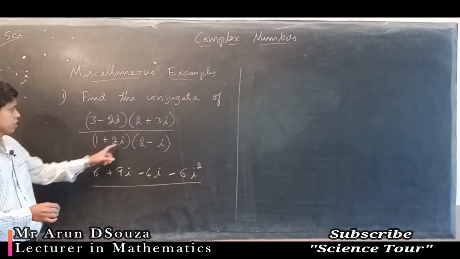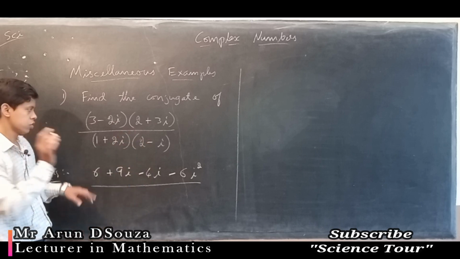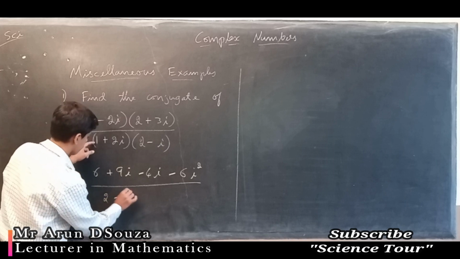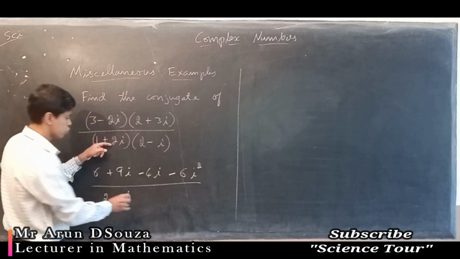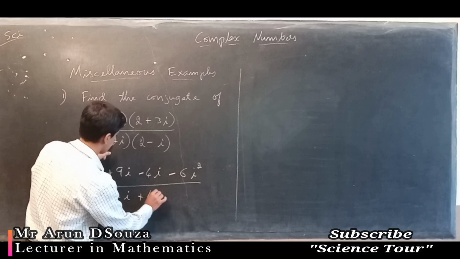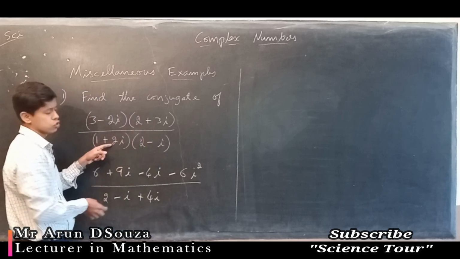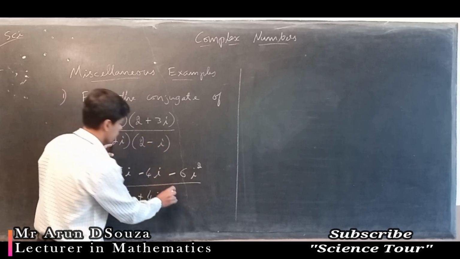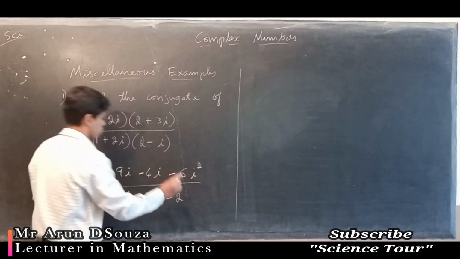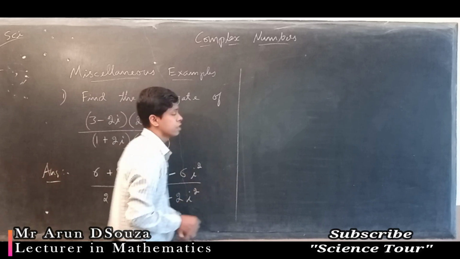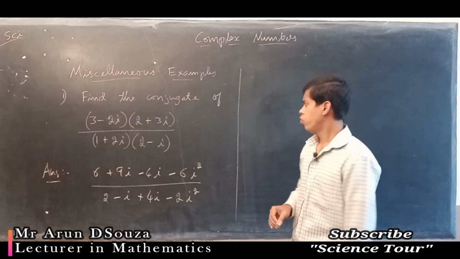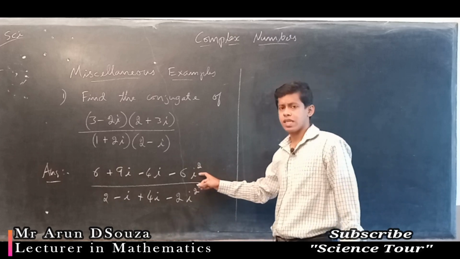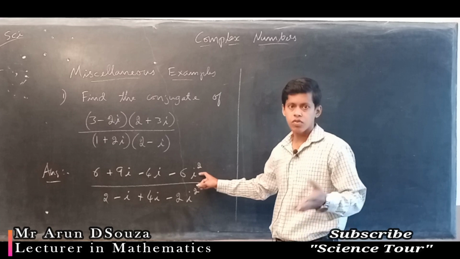Divided by, once again we have to multiply here also, so 1 into 2, then 1 into minus i, 2i into 2 that is 4i, and then minus into plus into minus is minus 2 into 1, and then i into i is i square. Having written that, now let us substitute i square. What is i square? Of course, minus 1.